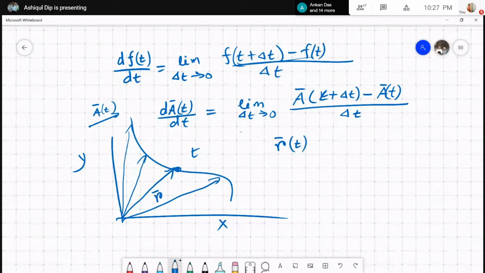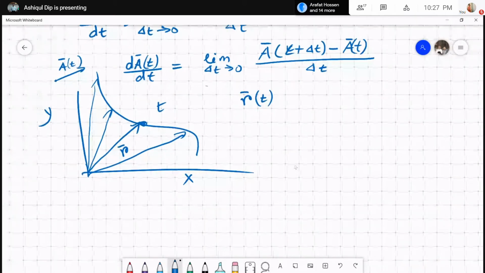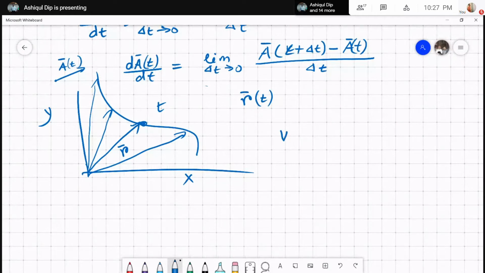So we can define several useful quantities, that is, derivatives of this position vector. One we define as velocity. The basic definition is written, so I just write this.